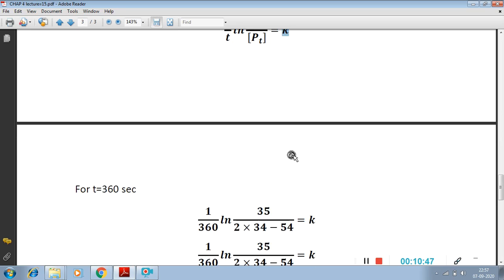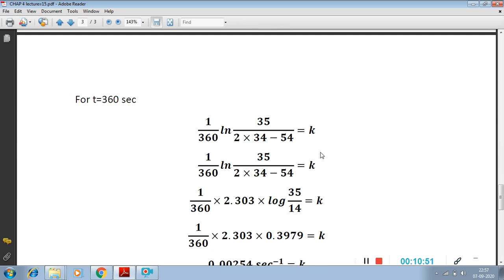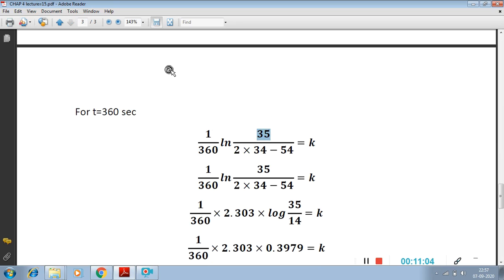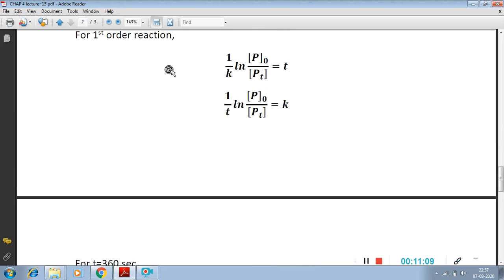Now at time t is equal to 360 seconds, put the values here. First of all, 1 by t was there, so 1 by 360 into ln P0, that is the initial concentration. In the table it is given that the initial concentration is 35.